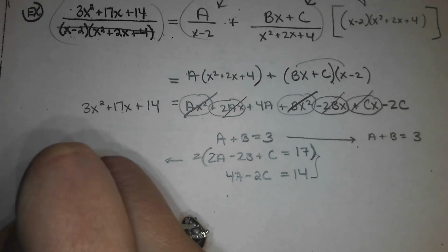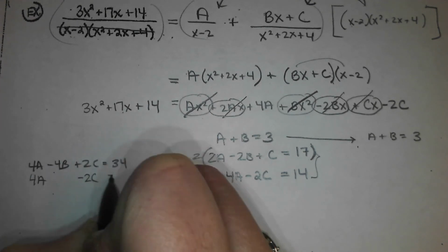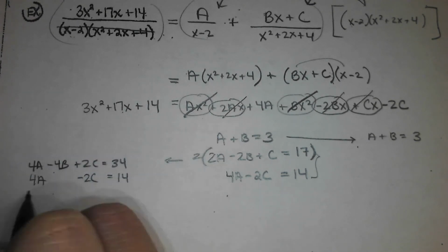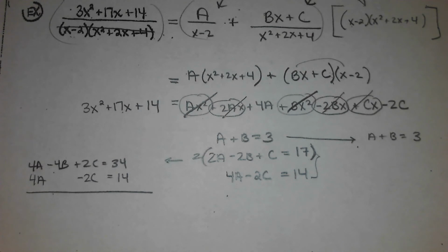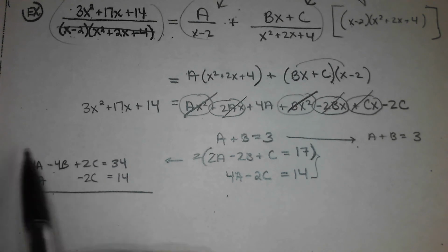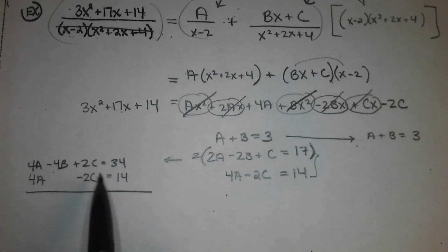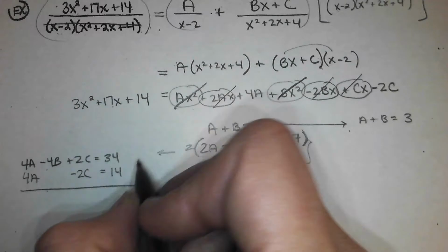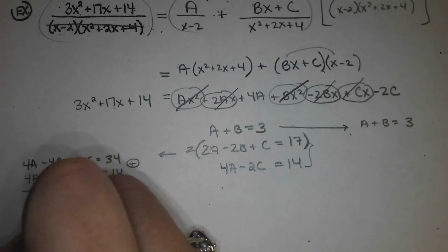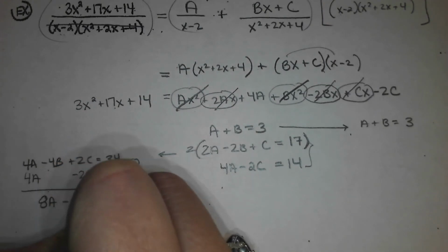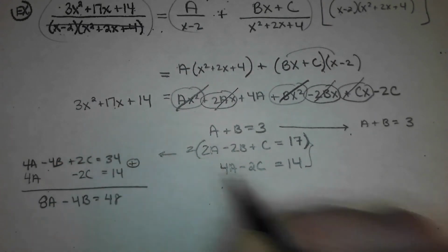And then 4A minus 2C equals 14. And am I adding or subtracting? I was trying to eliminate the C. So even though my A's happen to be the same number as well, remember that our goal was to eliminate C. So we just had A's and B's left. So adding, opposite signs add. So that's going to give you 8A minus 4B equals 48.